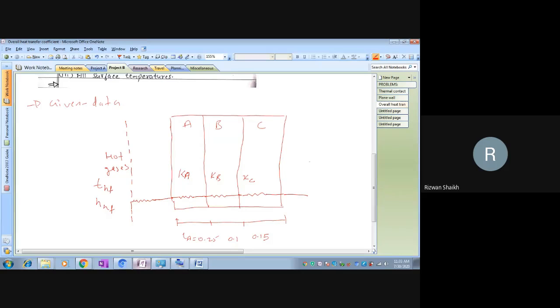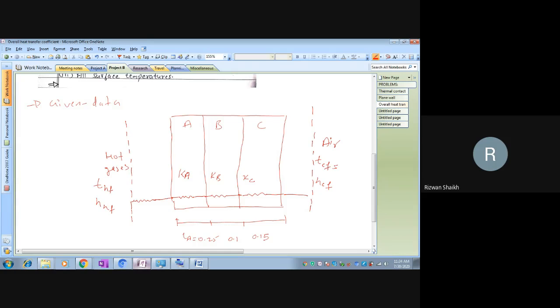And similarly, at the right side, that is the outside of the layer, we can have cold air. I can take the atmospheric air, and therefore for atmospheric air I can consider TCF as the temperature and HCF as the heat transfer coefficient.